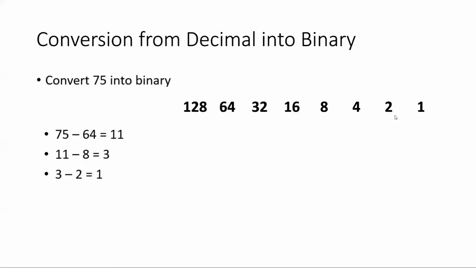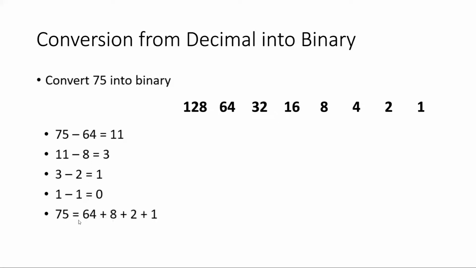We subtract it. 3 minus 2 gives us 1. And we have 1 in our list. So 1 minus 1 is 0. So you see, in our calculations, we have collected a set of base 2 numbers, being 64, 8, 2, and 1, whose sum actually gives us 75.